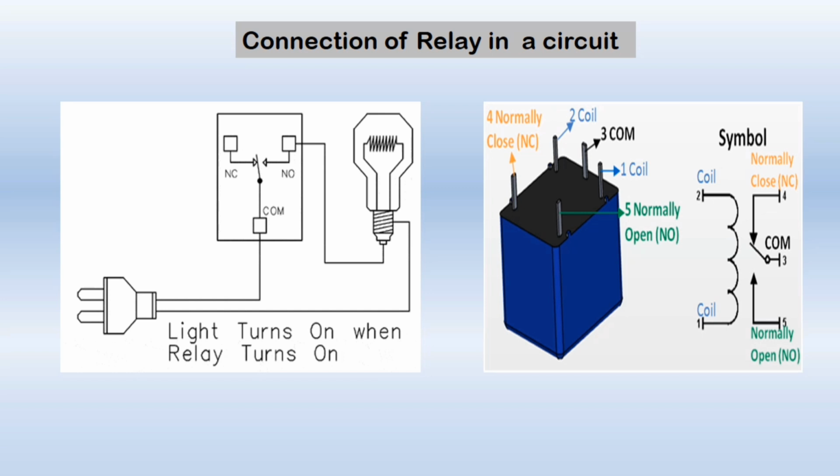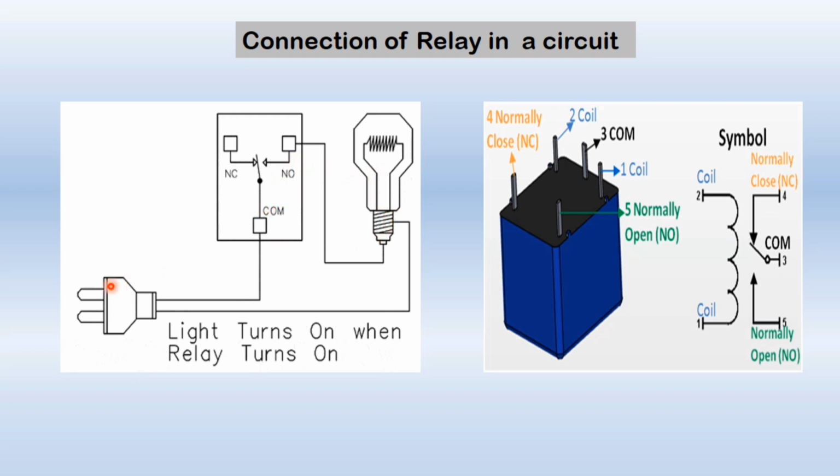Connection of a relay in a circuit. In this diagram you can see how to connect a relay in a circuit. Here a bulb is connected to the normally open position of the relay, and the common terminal is connected to the power supply, and the other wire of the power supply is connected to the bulb. In this way we can connect our relay to the load.